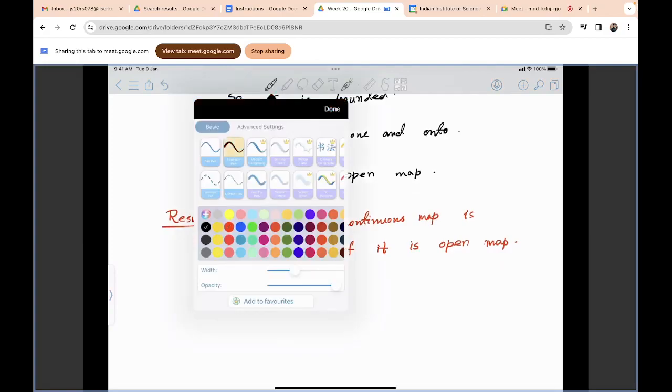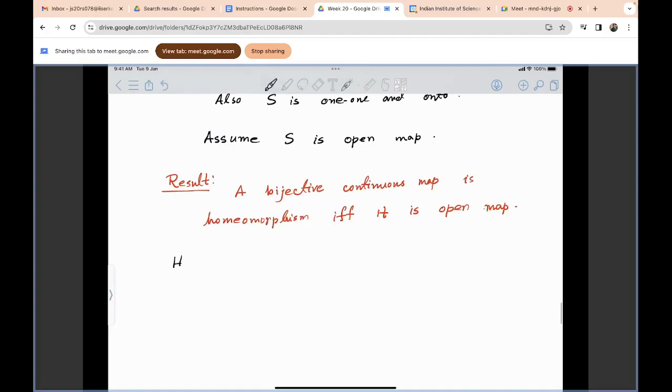Now here, what do we have? Here S is continuous, as S is bounded and linear, and bijective. So continuous, bijective, and an open map, because we have assumed S is an open map.